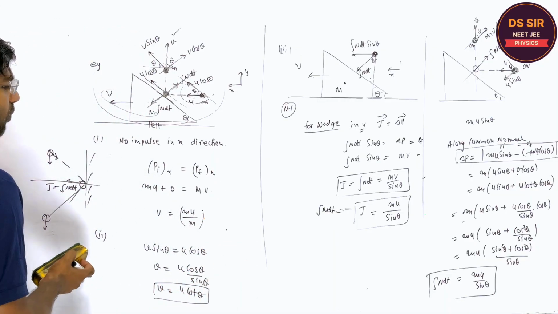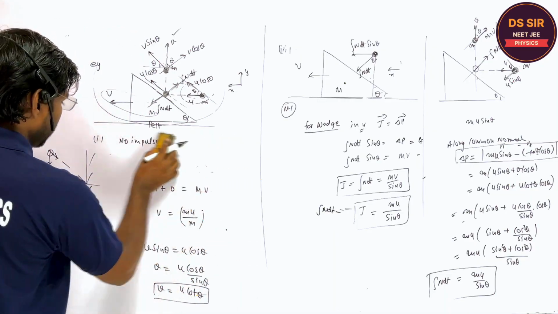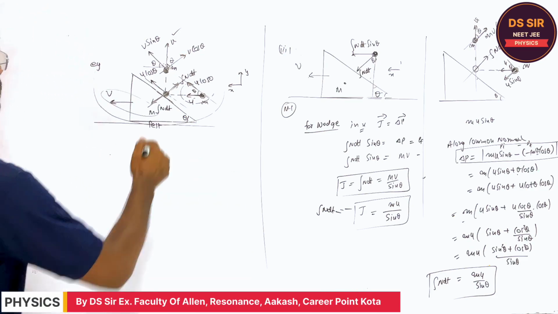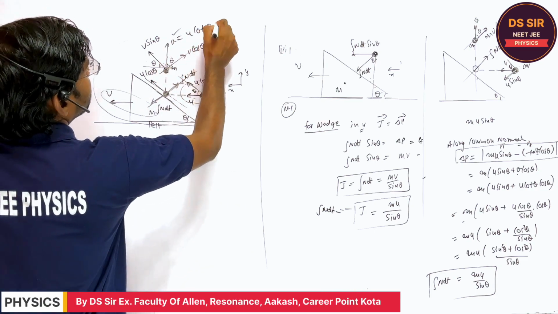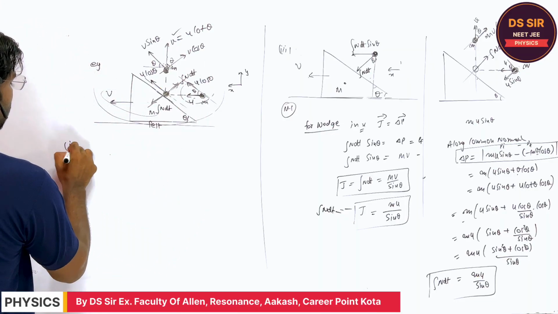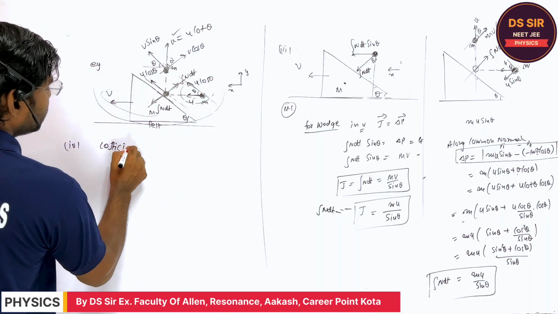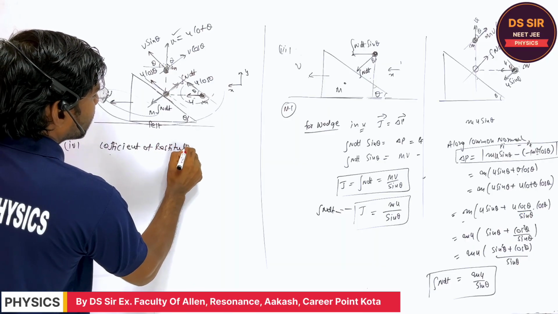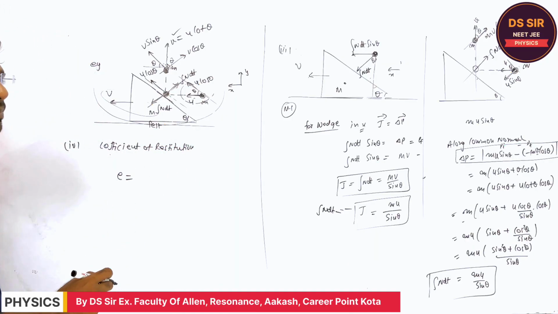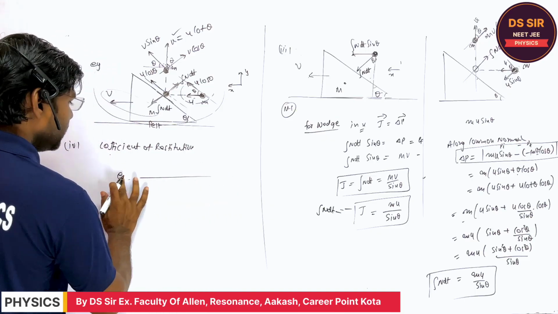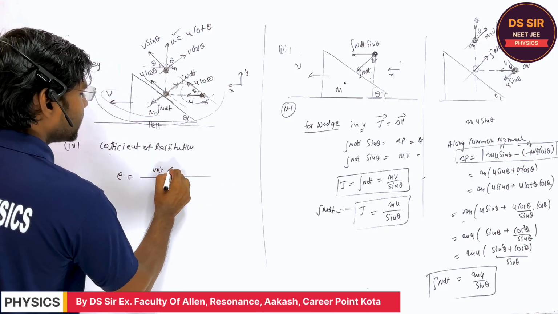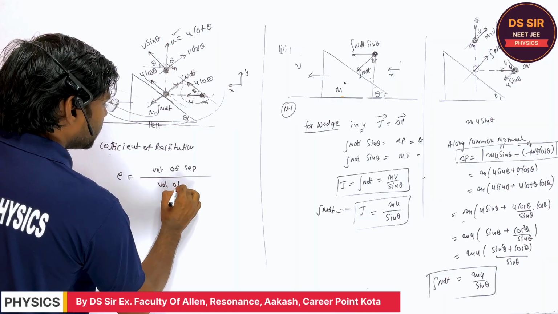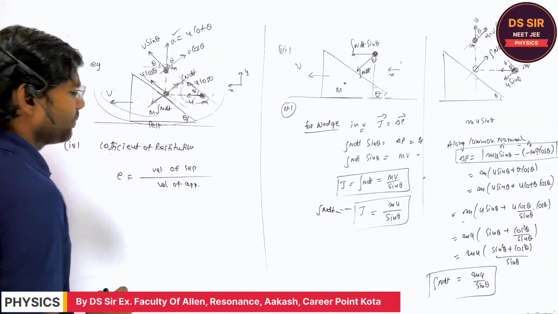Now, what is the next part? See, the coefficient of restitution. Can you tell me the definition of the coefficient of restitution? What is the definition of e? The definition of e is the velocity of separation divided by the velocity of approach.